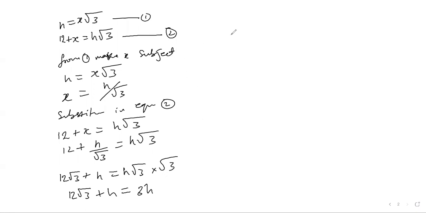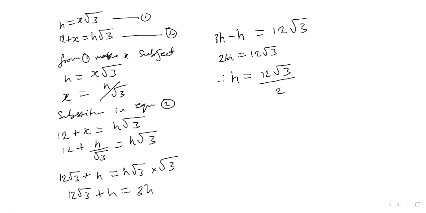Now we make H the subject of the formula. So we have 3H minus H equals 12 root 3. You take H to this side, it becomes minus, leaving 12 root 3 where it is. So 2H equals 12 root 3. Therefore, the height will be 12 root 3 divided by 2. If you divide both sides by 2, you get 6. So therefore, our H equals 6 root 3.